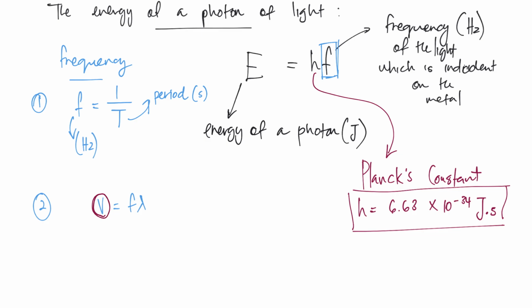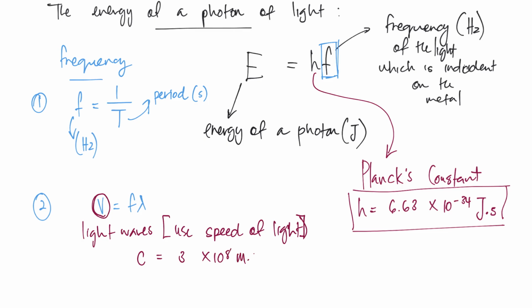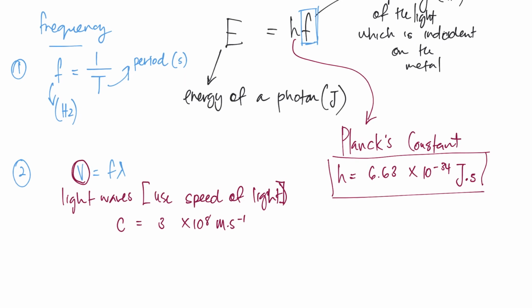But in this instance, for this section, because we're working with light waves, then we're going to use the speed of light. And the symbol for speed of light is c. And because it's a constant at 3 times 10 to the power of 8 meters per second, our formula is going to change for the speed of light, and c is equal to frequency times lambda.